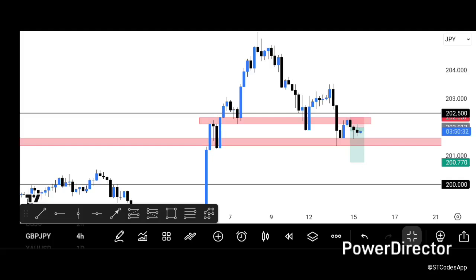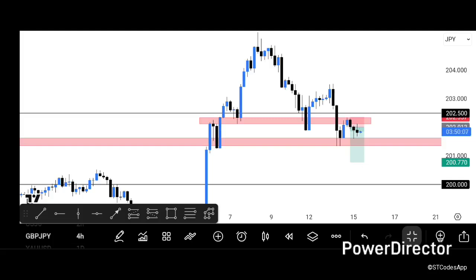So we are only going to look for sells, mostly sells now, because price is retracing until price gives us a confirmation that okay, we are ready to buy or we are ready to continue bullish. But for now, price is bearish, so you just look for bearish opportunities.